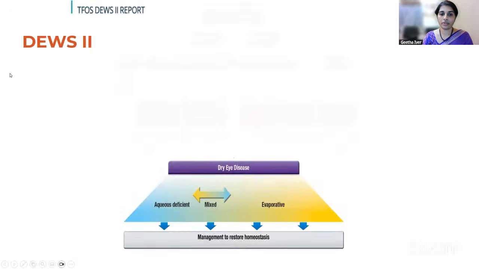So when you look at DEWS 2, we are all aware of this picture that we have been using in several presentations over the past few years, where we have always tried to categorize dry eye disease into aqueous deficient, evaporative, and of course the mixed variant of dry eye disease, and then manage to restore homeostasis.